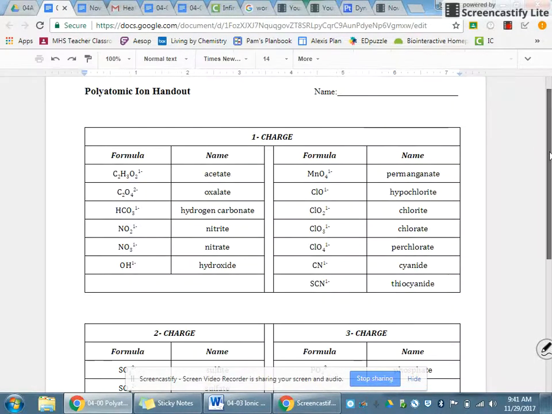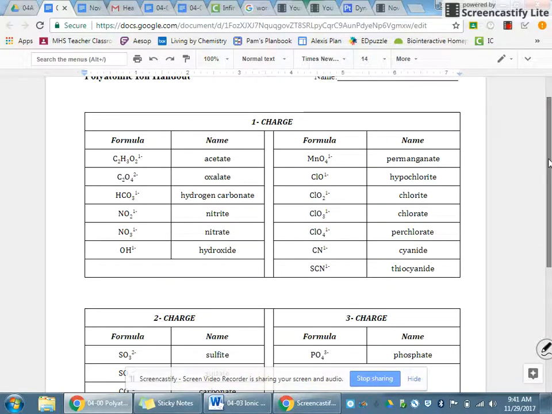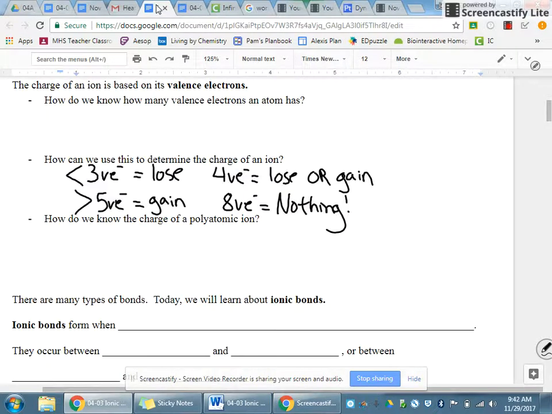How do you know the charge? Well, this is your polyatomic handout. This is actually what you will be given on tests. So if you see HCO3 minus, you know that it has a charge of -1, right? A -1 charge. So what do we have to do to find the polyatomic? Look at the chart.